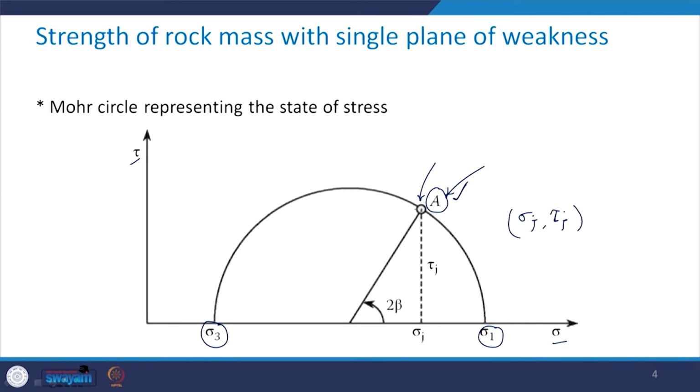By the property of the Mohr circle, if we join this point with the center, the angle that it subtends gives us the plane of the discontinuity. That is, half of this angle gives us the orientation of the plane of discontinuity with respect to the direction of the plane on which sigma 1 is acting, which was horizontal in this case.